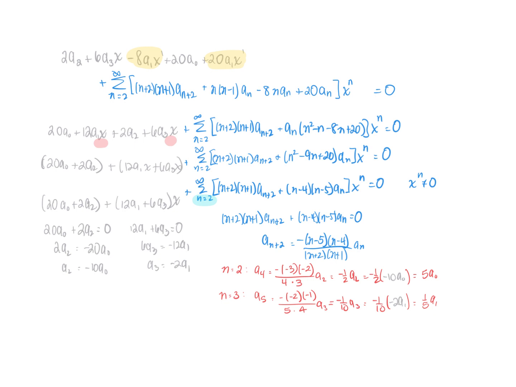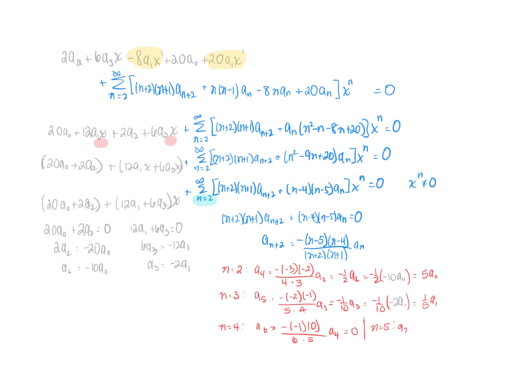And something really interesting is going to happen next, because when we look at n equals 4, a sub 6 is going to be a negative times, well, 4 minus 5 is negative 1. 4 minus 4 is 0. Over 4 plus 2 is 6, 4 plus 1 is 5, a sub 4. We get 0. Funny thing is, now n equals 5, the same thing's going to happen because we have an n minus 5 on the numerator.